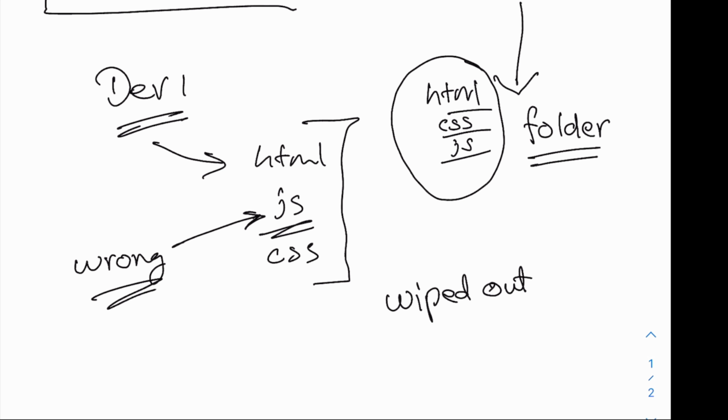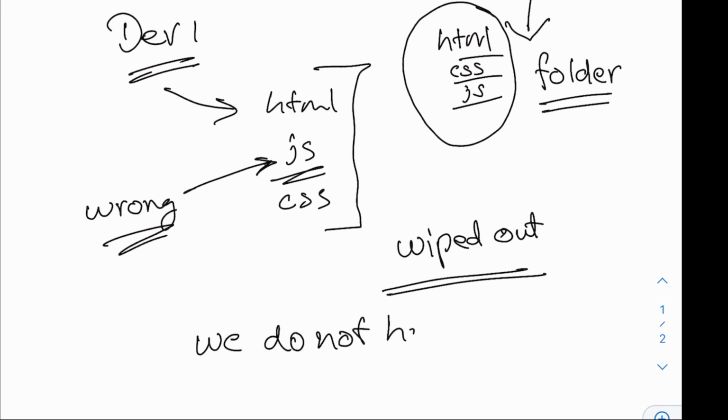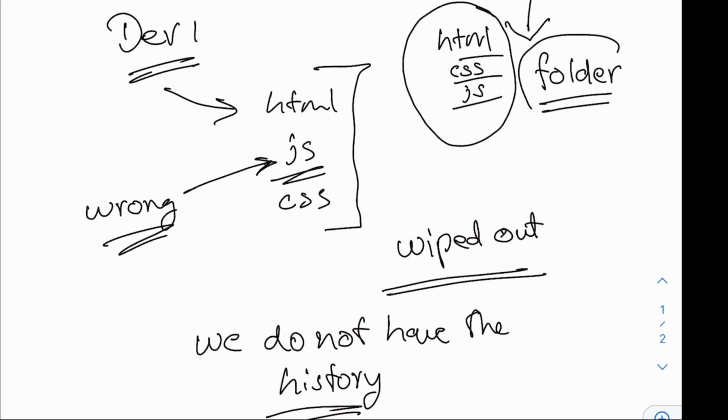We do not have that information at all because he has made changes and there is no version controlling here. So we do not have the history maintained here, correct? There is no history of the JS file, none of the files, the history is not at all maintained. This is a problem if we save the file directly in a folder, even if it is a shared folder worked on by multiple developers.